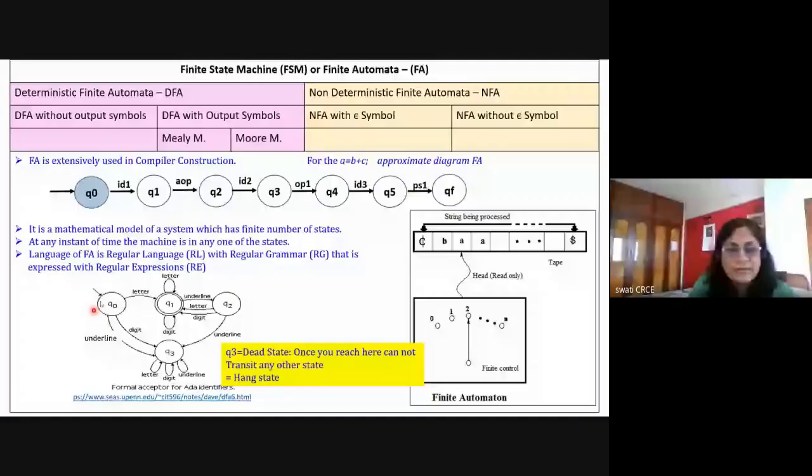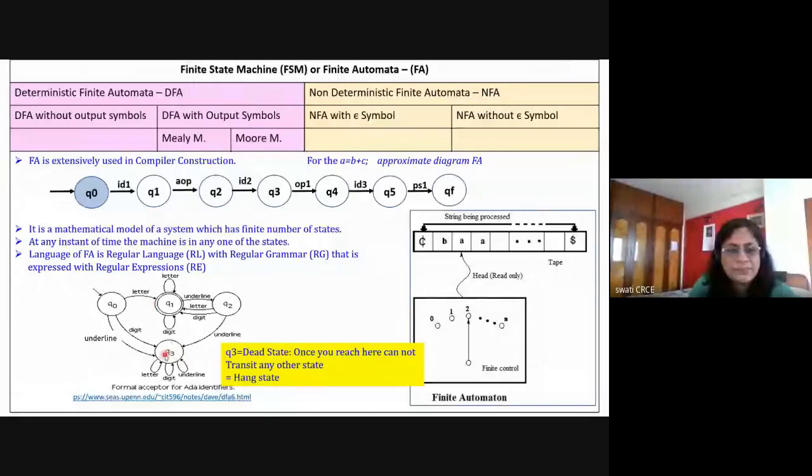There is one more diagram here for an identifier. In the Ada language, the identifier cannot start with underline. It can start with a letter, and can be followed by any letters or digits. It cannot end with an underscore either. This is a diagram for that identifier. If the string starts with a letter, then it is okay. But if it starts with a digit, it goes to the dead state. Once the machine is in the dead state, it cannot go to any other state.